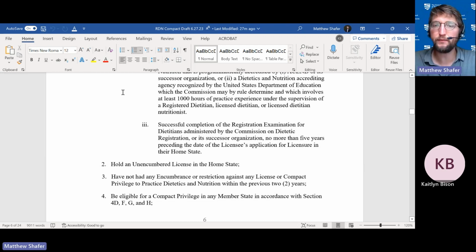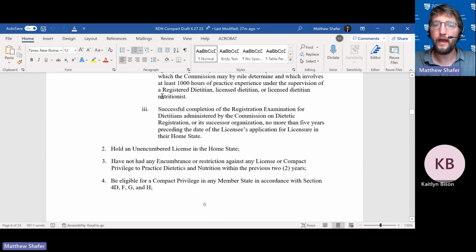And then lastly, successful completion of the registration examination for dietitians administered by CDR no more than 5 years preceding the date of the licensee's application for licensure in their home state. So this is just saying that you have to have passed the CDR licensure examination no more than 5 years from your initial application for licensure in your home state.